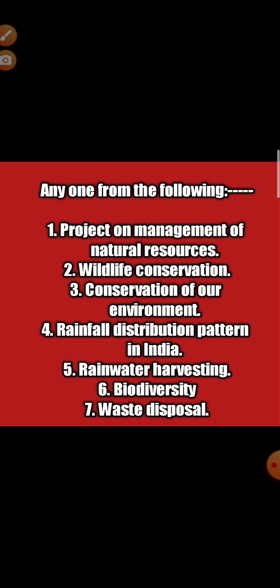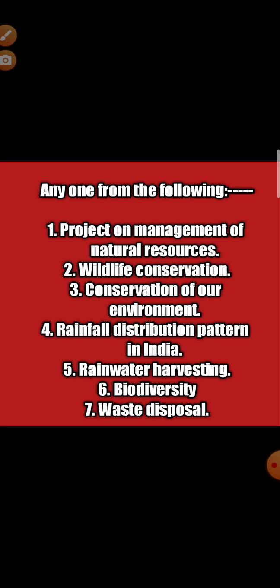So from these 7 topics, without getting influenced by others, whatever topic you think is suitable for you, and you can make a very nice project from, that topic you select, and proper diagrams based on that topic you have to paste on the left side. Make the project as attractive and as informative as you can without using red and green color.